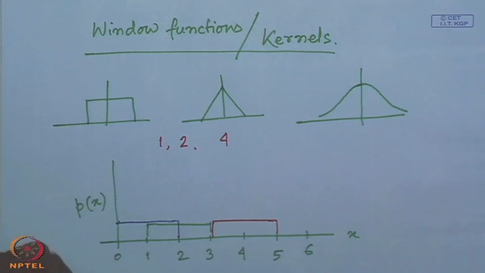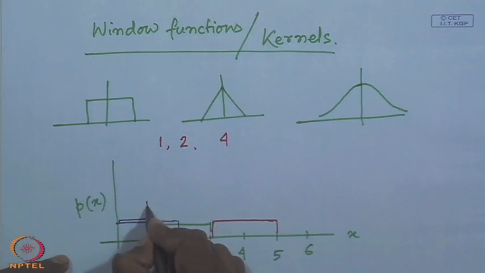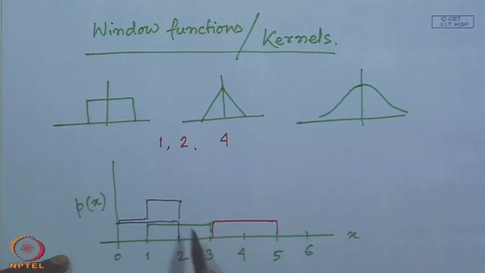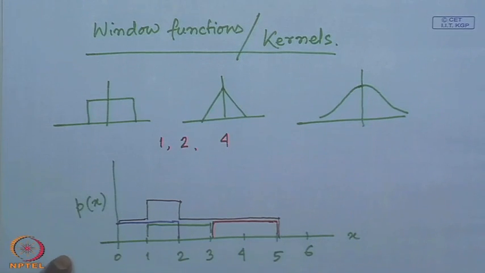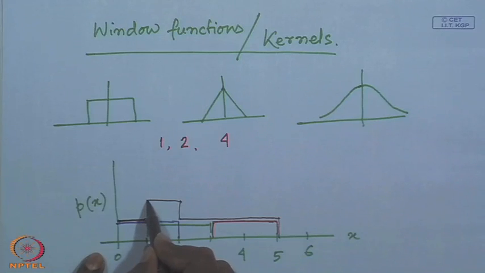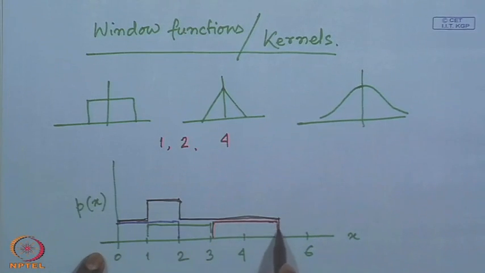By using this, your overall probability density function, as the sum of all the estimates, will be something like this. So, this curve gives me the probability density estimate P of x.